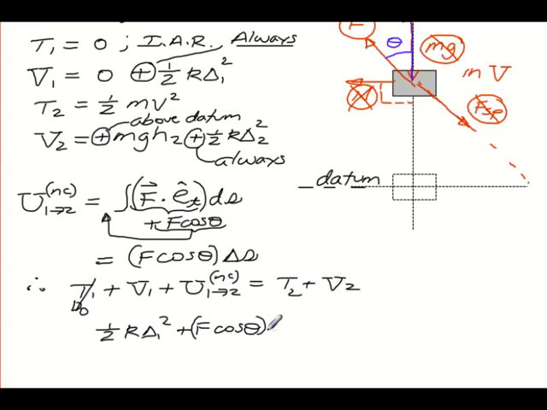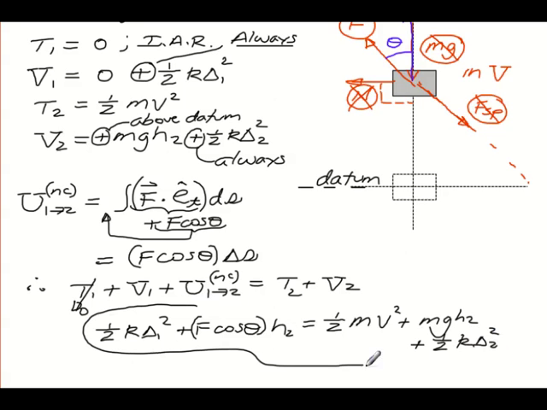And delta S in this case is just going to be the same thing as H2, the h2 that we had for V2. So that's the work term. 1/2 mv squared starts out the right hand side, and V2 we saw was equal to mgh2 plus 1/2 K delta 2 squared.